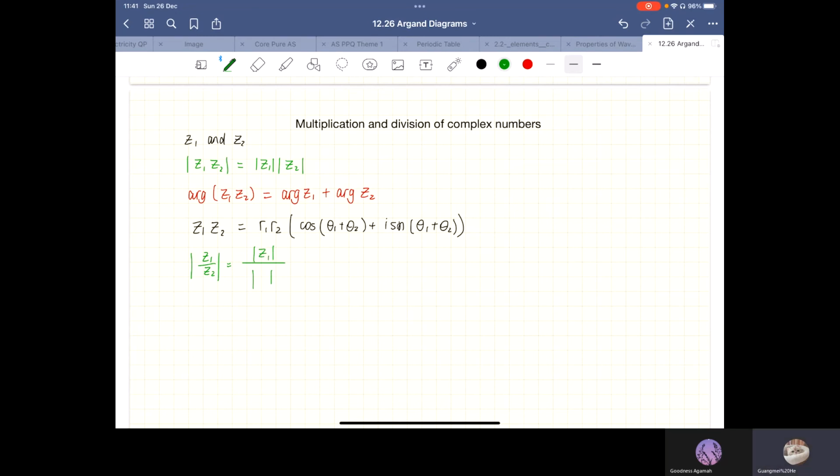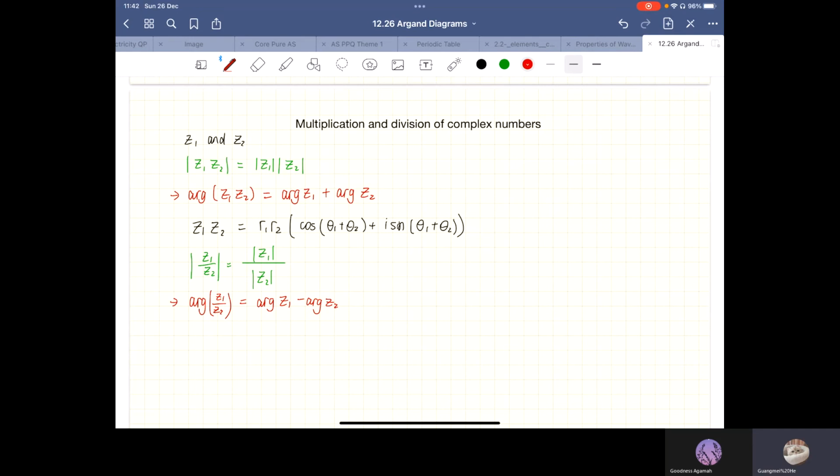Modulus of z1 over modulus of z2. Same way for argument of z1 over z2. Same like for here and here. Before we were adding these two, but since it's division now, we are subtracting. Argument of z1 minus argument of z2. We can prove the results with the modulus argument form, but proving is quite long here.